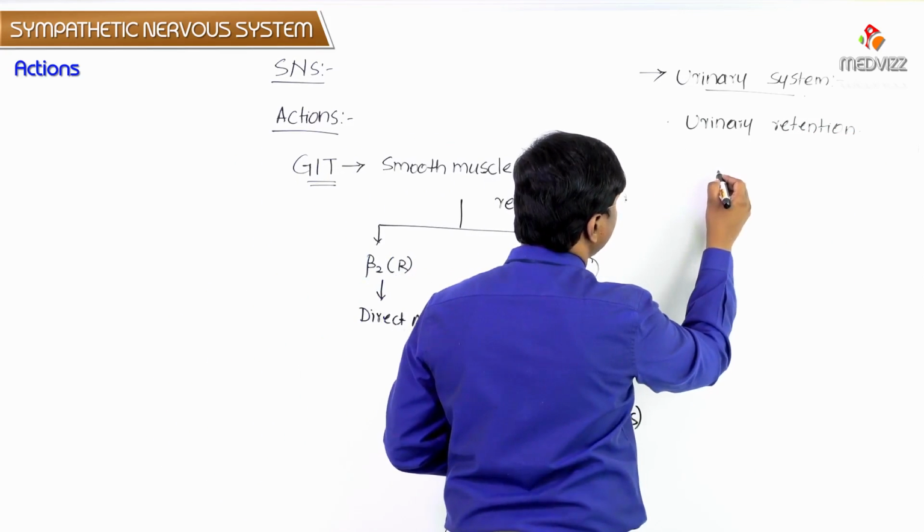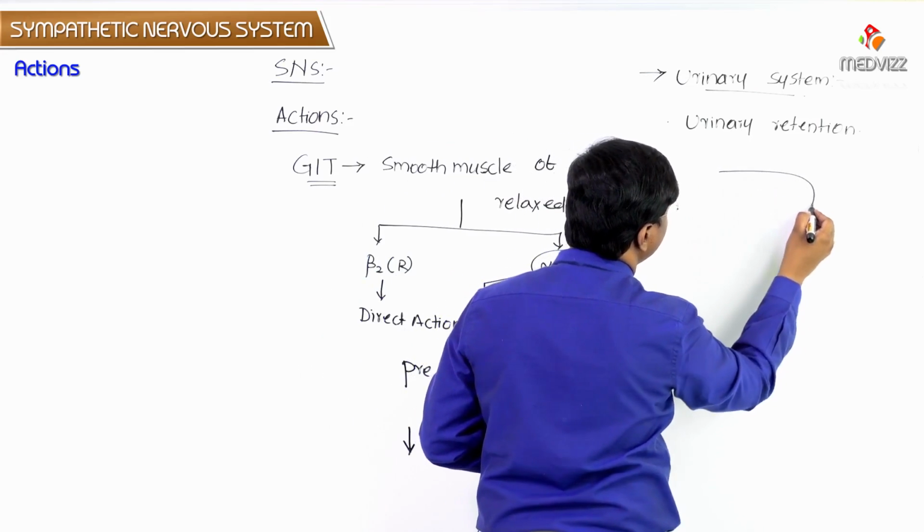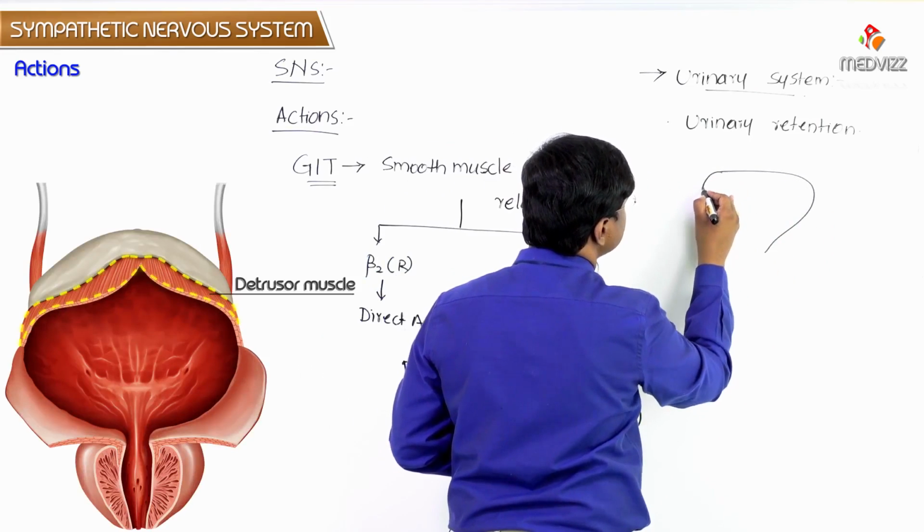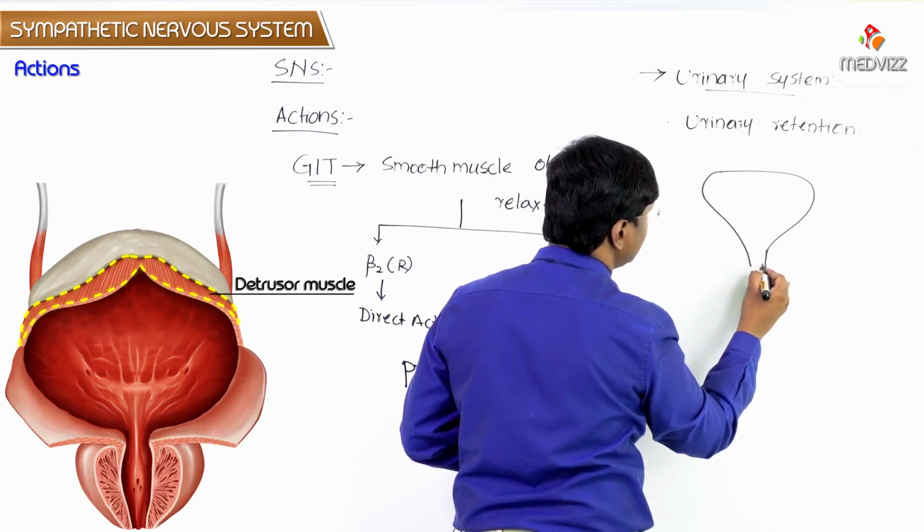First, you take this muscle within the bladder, that is the detrusor muscle.